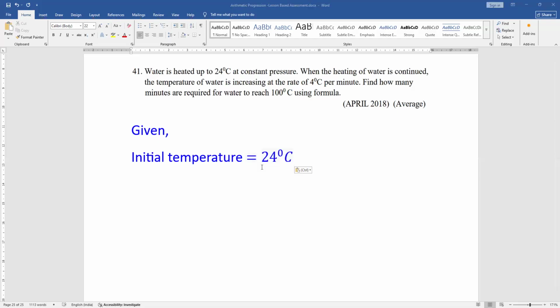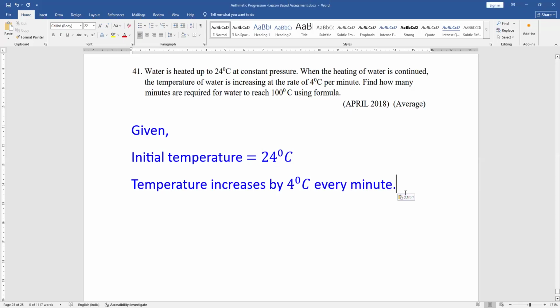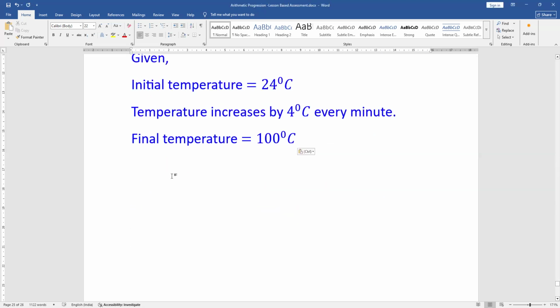Then the temperature increases by 4 degrees Celsius every minute, correct? And then next, what they have given, the final temperature. The final temperature is how much? 100 degrees Celsius. See here, they give it 100 degrees Celsius. That is the final temperature.